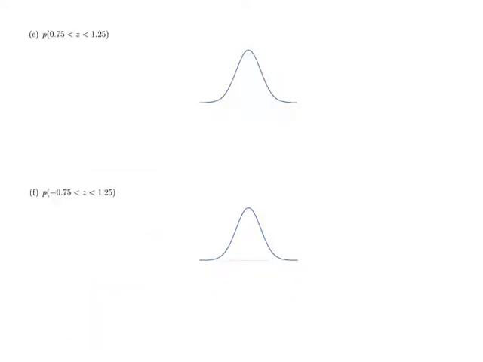All right, a couple more like this. The probability that z is in between 0.75 and 1.25. So let's draw this picture. Here's 0, here's 1, here's 2. So 1.25 we've drawn a few times. 0.75 is in between 0 and 1.